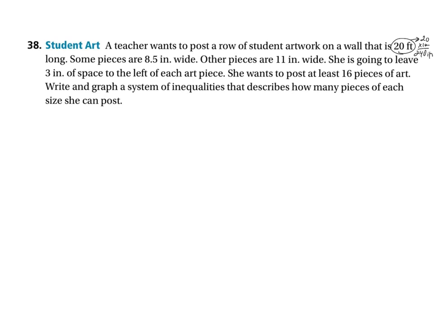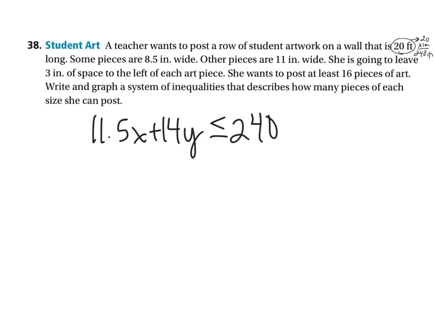So with that information and the other information you were given, you could have some different inequalities. One inequality would be 11.5x plus 14y is less than or equal to 240. And the reasoning for those numbers is we're leaving 3 inches of space to the left of each art piece.